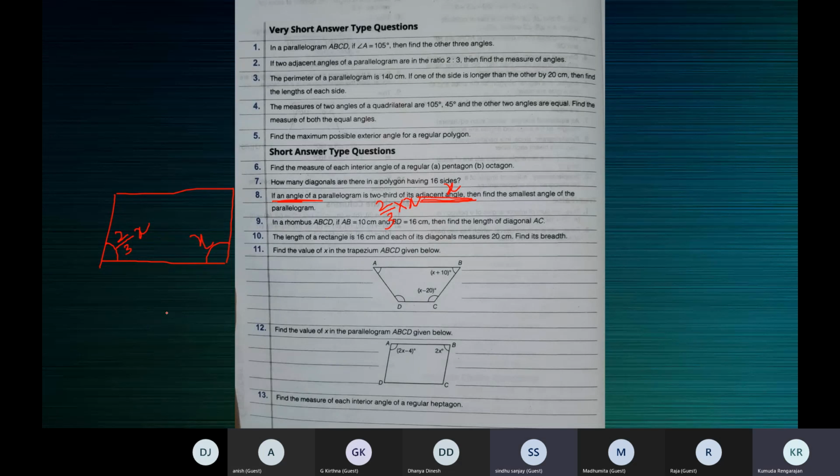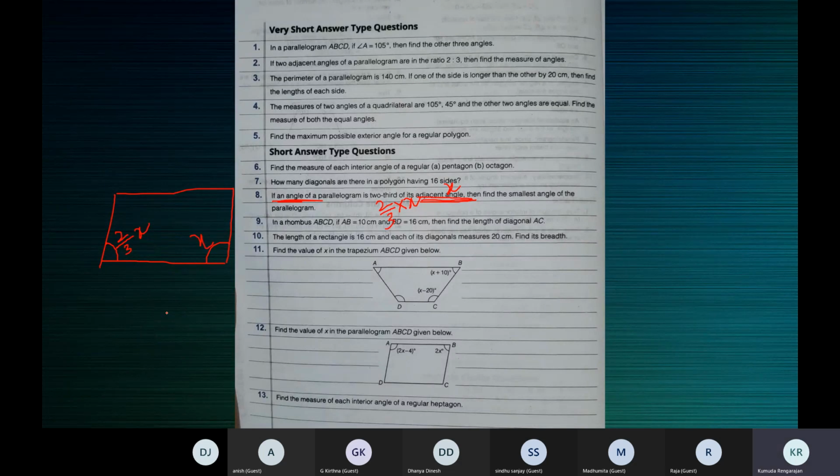Ma'am, x plus 2/3x is equal to 180 degrees. Yes, what's the reason? Adjacent angles are supplementary. In a parallelogram, adjacent angles are supplementary.